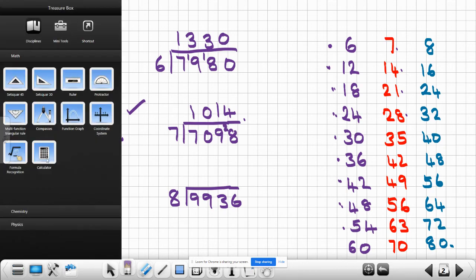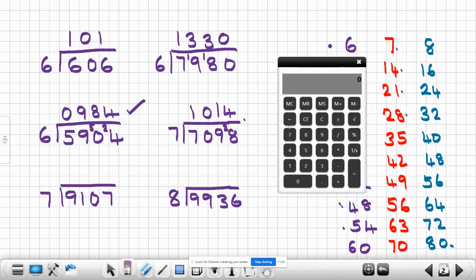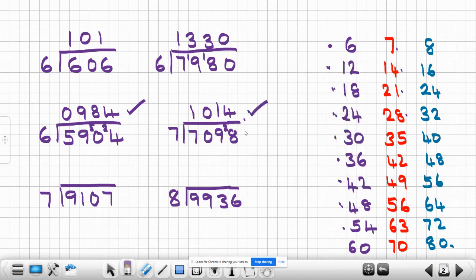Let's check it. 7,098 divided by 7 equals 1,104. Good. Next one, 9,107 divided by 7. 7's into 9 goes once, and there is 2 remaining.